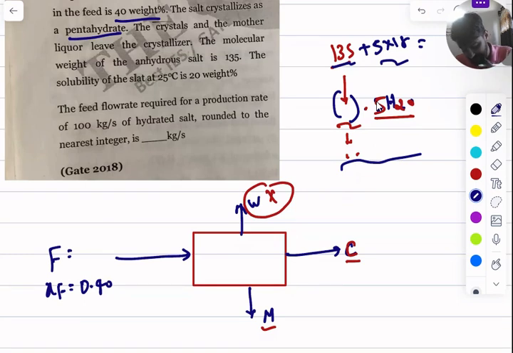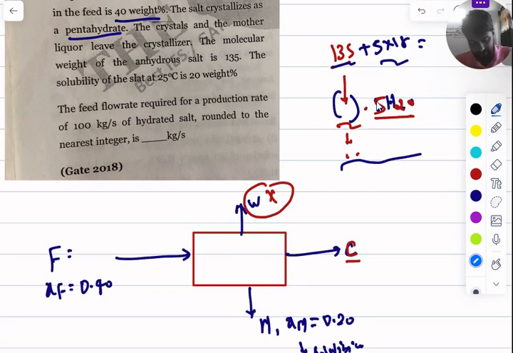The solubility of salt at 25 degrees centigrade is 20%, right? Whenever they talk about the solubility of salt, this salt will be soluble in the mother liquid. So Xm will be equal to 0.20. This is your solubility. Always remember, solubility means the mole fraction of salt in the mother liquid.